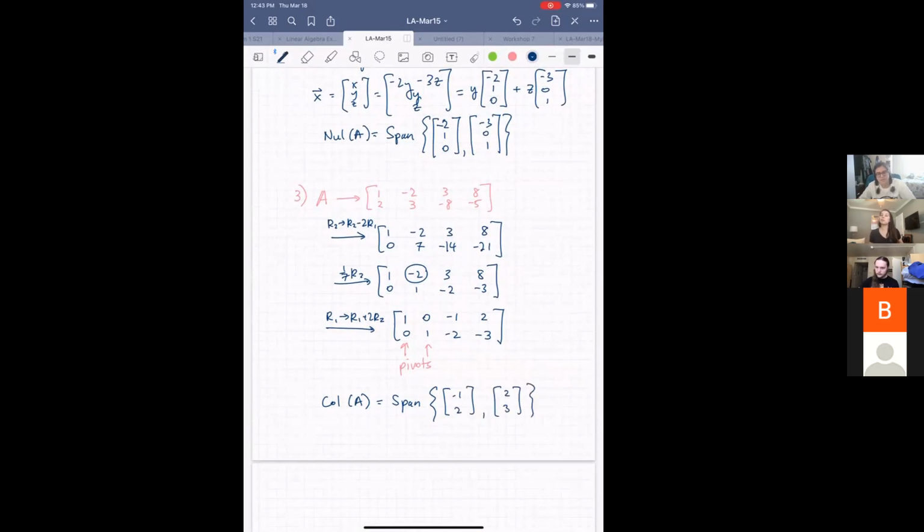Is there a preference between saying that Col A equals the span of those vectors or equals R2? Right, you could say R2.